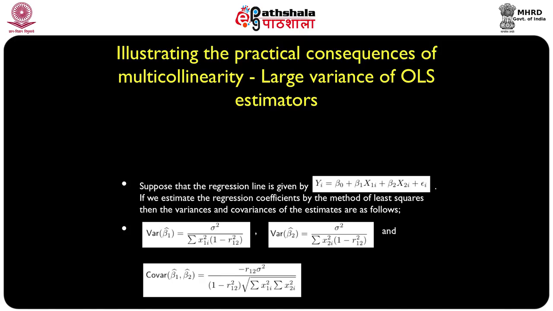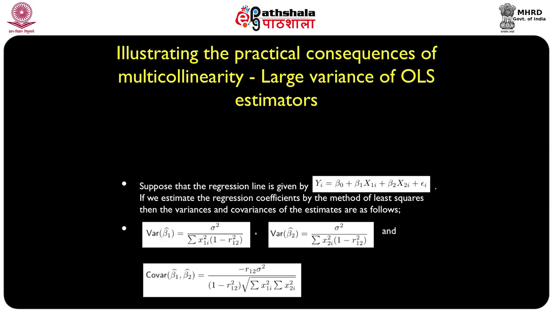If we estimate the regression coefficient by the method of ordinary least square, then the variances and covariances of the estimates are given by the following expressions. Variance of beta 1 hat, where beta 1 hat is the estimate of the regression coefficient corresponding to x1, is given by sigma square divided by sum of x1i square times 1 minus r12 square.